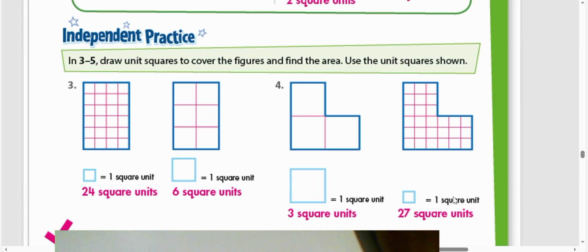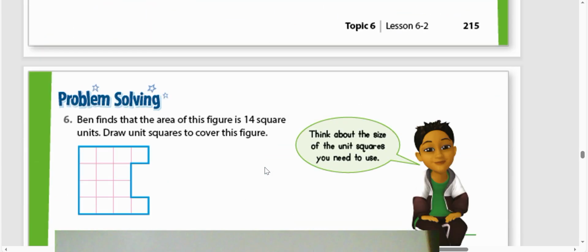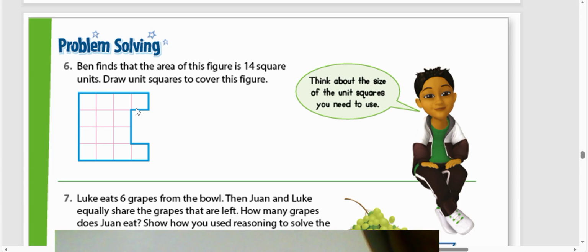Count 1, 2, 3, and here count all to be 27 square units. 1, 2, 3, 4, 4 square units, and here 16 square units for 1 small unit. Then find the area of this figure, 14 square units. Draw unit squares to cover it. We can draw an outside line to cover it.